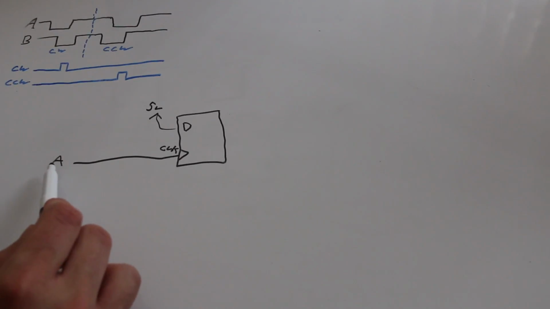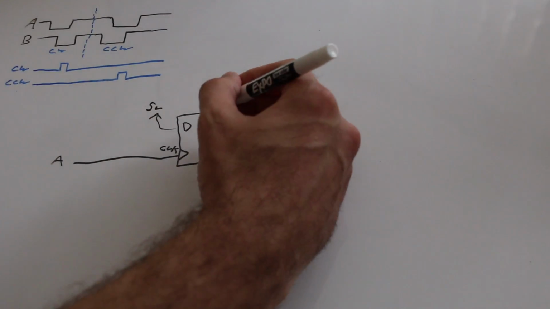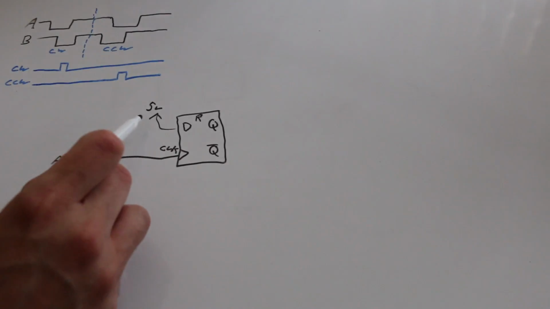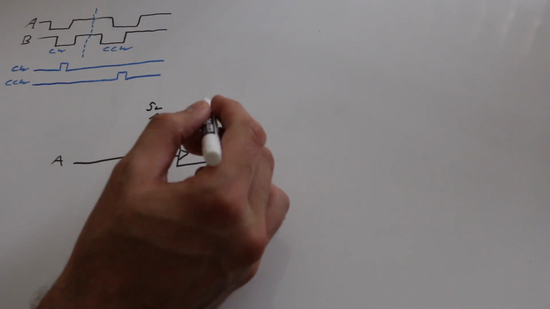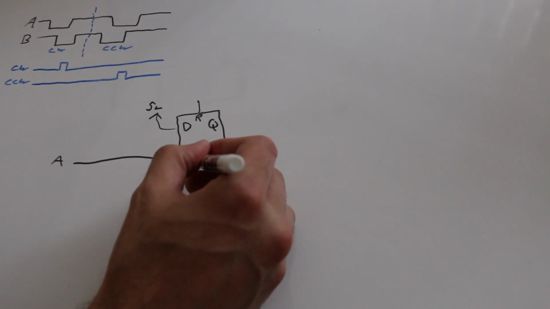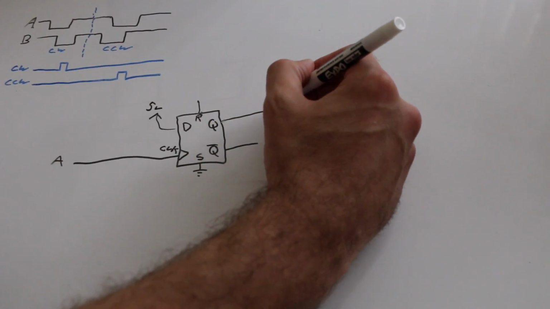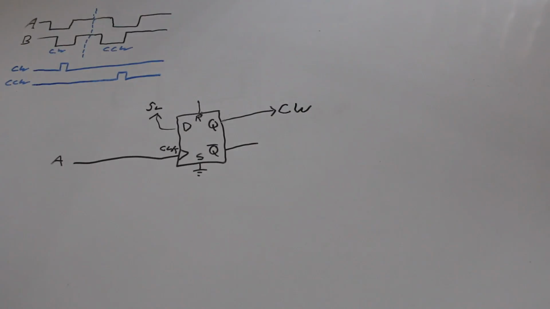So every time A has a rising edge, a 1 is going to propagate out to Q. I'm going to use reset because if I'm always going to clock a logic 1, there has to be a way to get a logic 0. So I'll be resetting, but I'm going to keep the set grounded because I'm not using it. I'm going to use the Q output to generate my clockwise pulse whenever we've had a clockwise rotation.